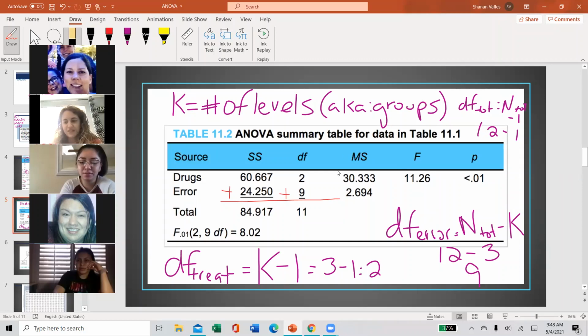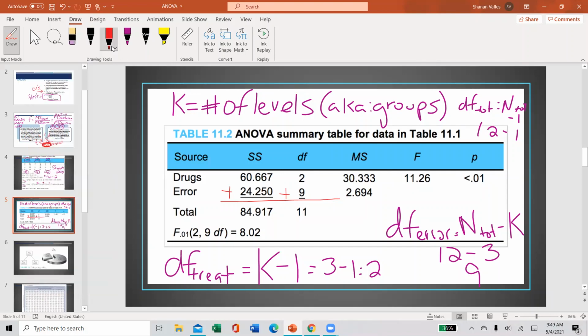Now, MS, we know MS stands for mean squares. These are called our sum of squares, and this is our mean squares. Look how cool this is.